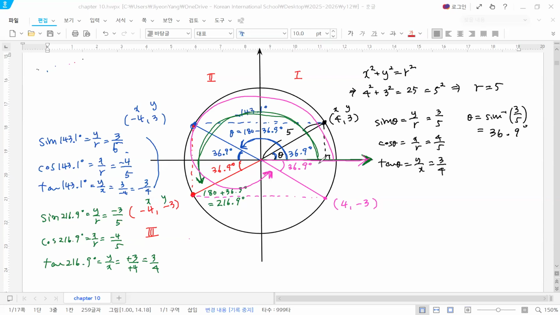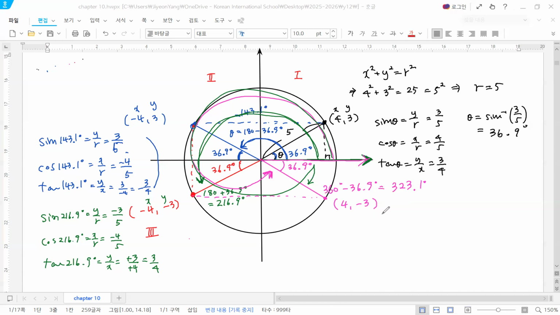We need to find this angle size. This angle can be measured as one full turn and then coming back 36.9 degrees, right? So you can calculate this angle as 360 degrees minus 36.9 degrees, which is 323.1 degrees.